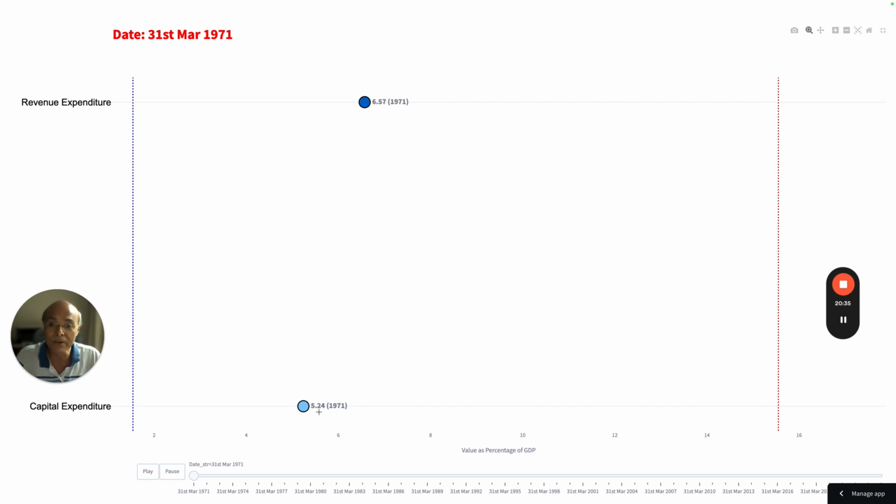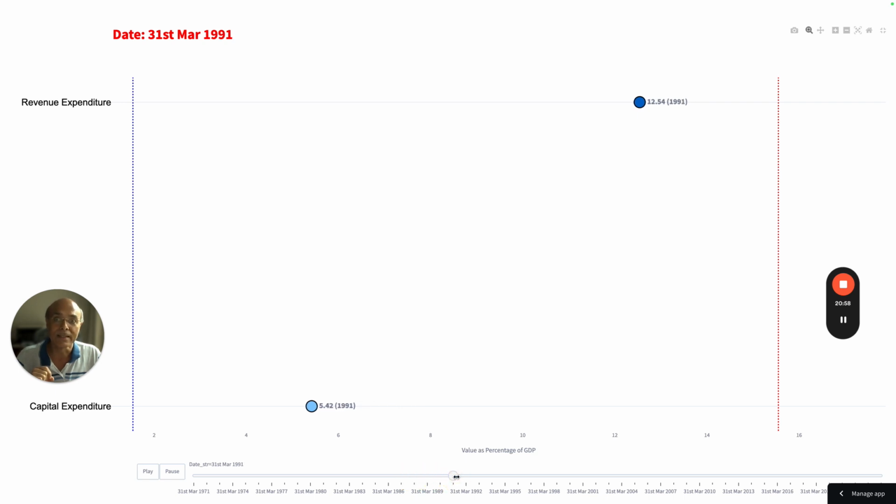It was 5.24% of the GDP and 6.57% of the GDP. Now, as I go forward in time, you'll see that the gap between these will increase. It is quite understandable, as the base was quite low at this time, in 1975, 79, 84, but still the gap is increasing.